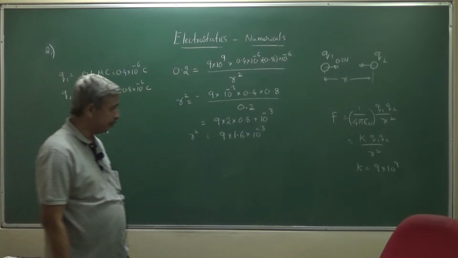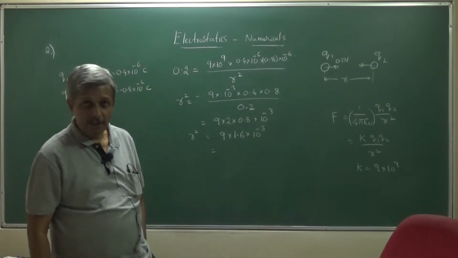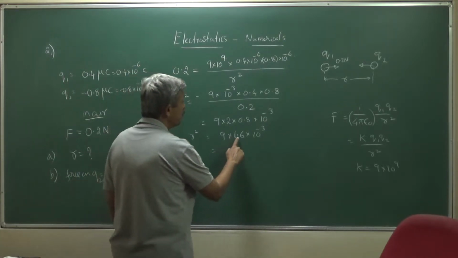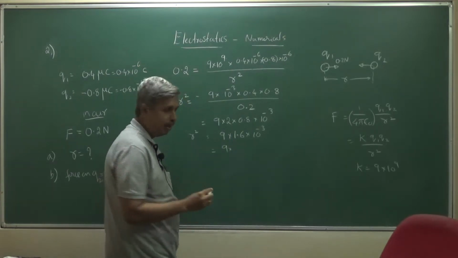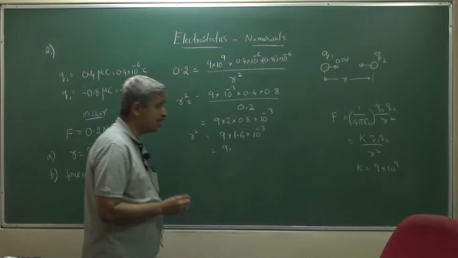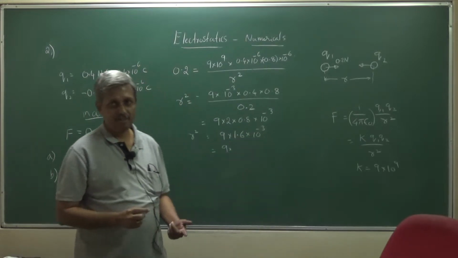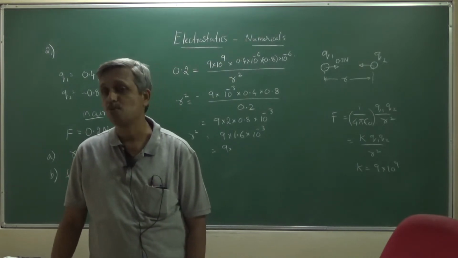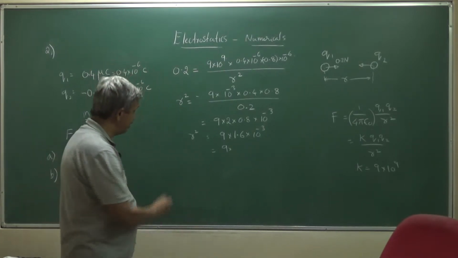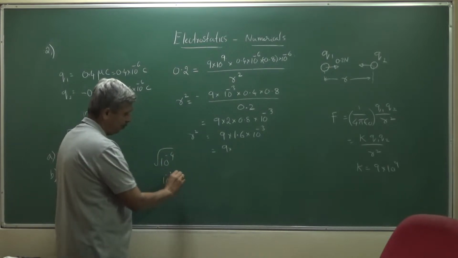Now this I'm going to write as 9 into, look at what I'm doing. I don't want to write 10 power minus 3. I want to write 10 power minus 4 or 10 power minus 2. Why? Because if it is 10 power minus 4, its square root is 10 power minus 2.